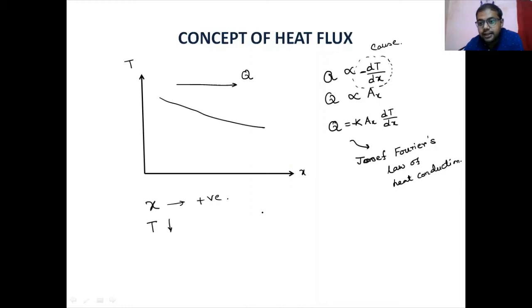So, heat flux concept along the x direction. What is the heat flux? Heat flux is Q, the rate of heat transfer, divided by Ax. So that will be equal to minus k dT/dx.